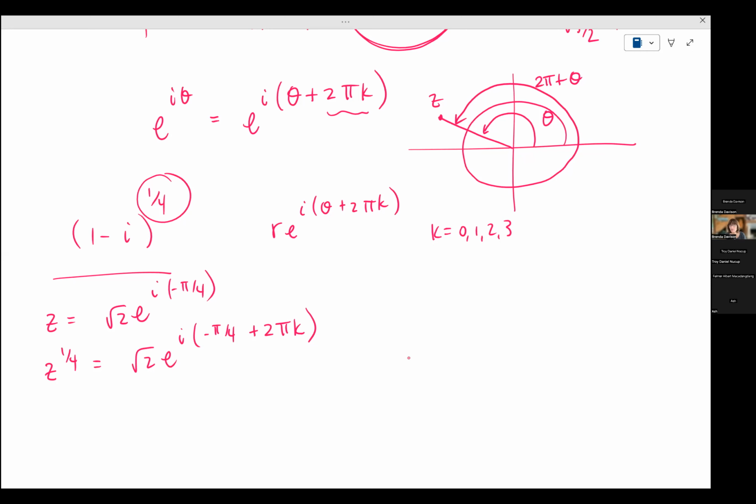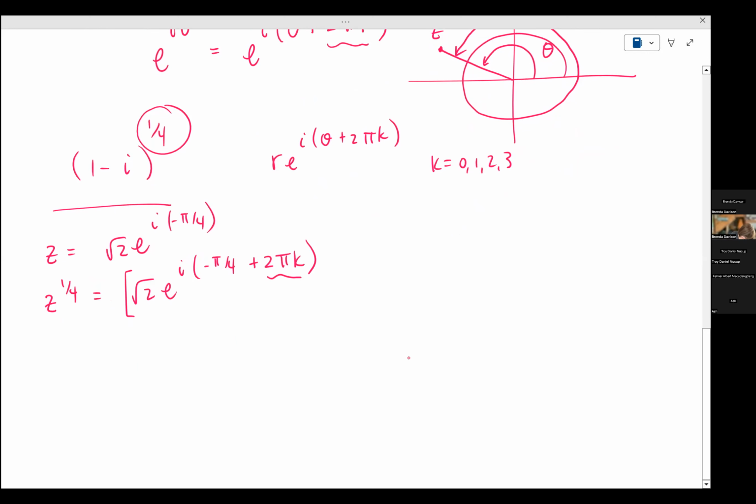What we're doing is making the argument such that we can divide it by 4 and get a bunch of different principal arguments. This does not change the number. Each one of these numbers, no matter what the value of k is, is the same position in space. So we do that, and then we take the fourth root like that.